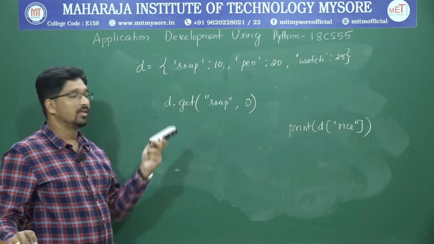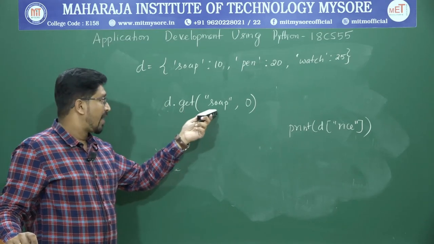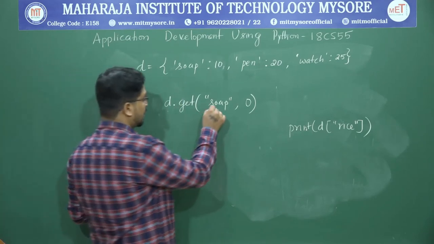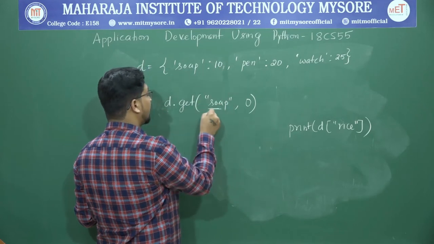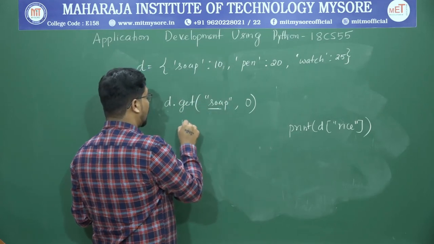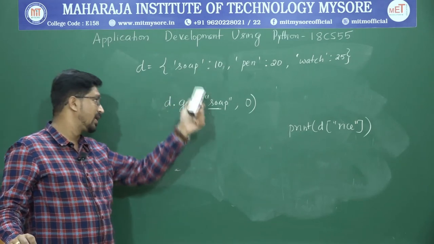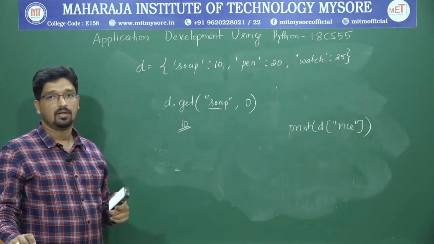But using the get method, if the particular key is present inside the dictionary, it will return back the value that exists. So it will return the actual value, 10.